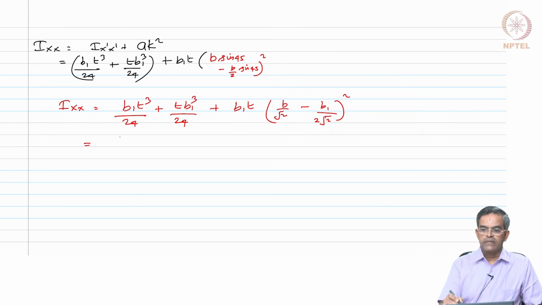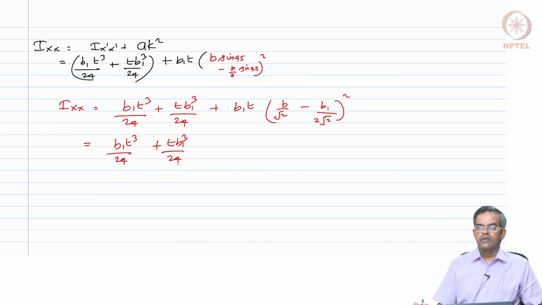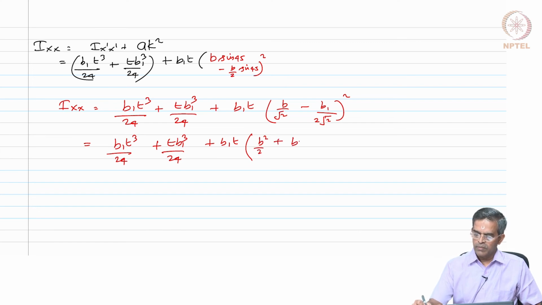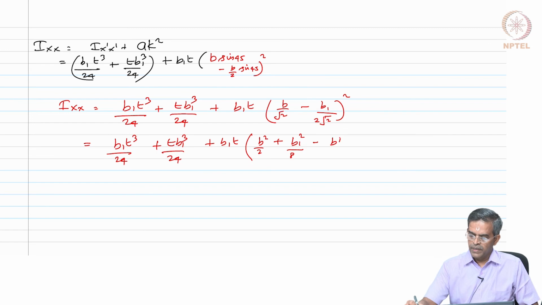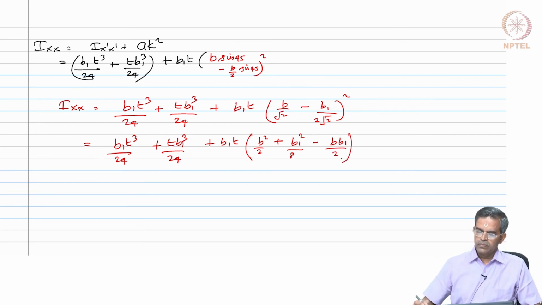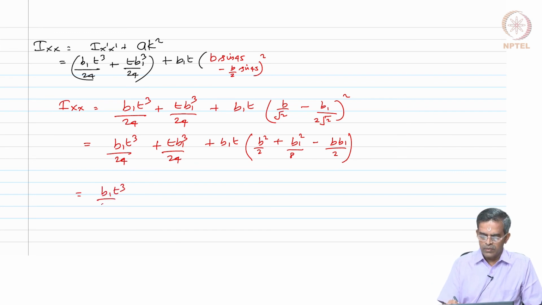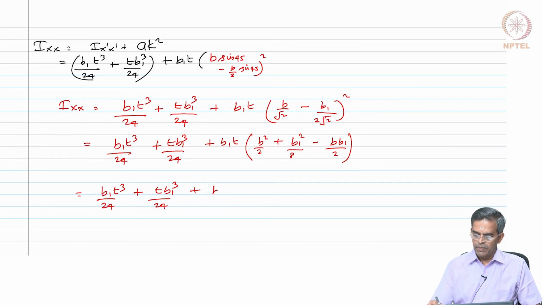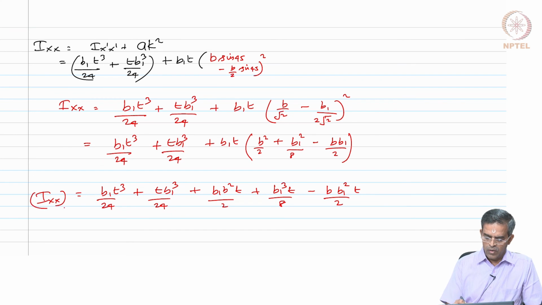Simplifying, I get this as B1 T cube by 24 plus T B1 cube by 24 plus B1 T of B square by 2 plus B1 square by 8 minus B1 by 2, which will be B1 T cube by 24 plus T B1 cube by 24 plus B1 B square T by 2 plus B1 cube T by 8 minus B1 square T by 2. This is my Ixx of the first piece.